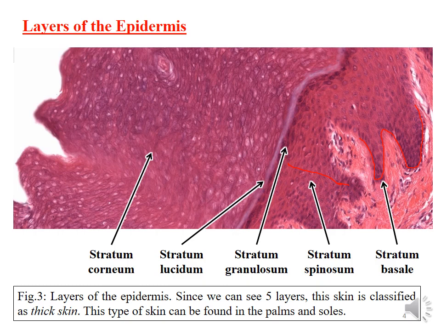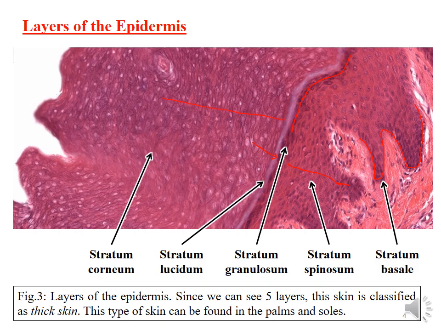This is the stratum spinosum. And then we have a narrow layer formed of only 3 to 5 sublayers. This is the stratum granulosum. This pale staining thin area, this is the stratum lucidum.